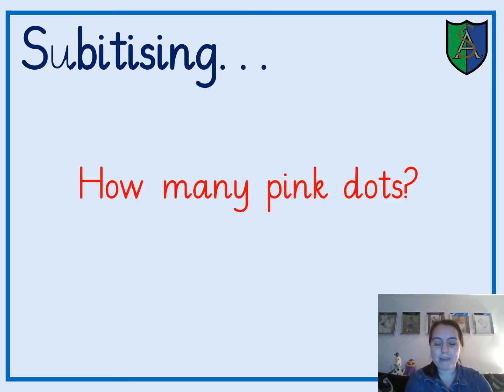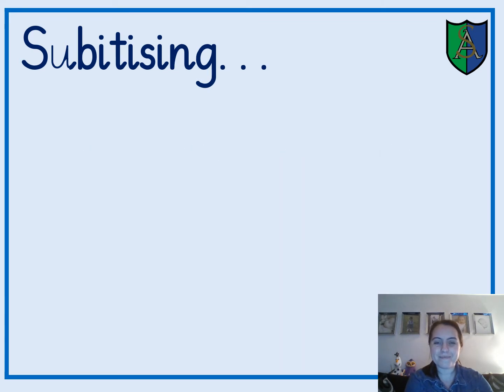Okay, it's now time for the subitising part of our lesson. So remember, eyes on the screen, and we need you to work really quickly to identify how many dots or shapes you can see in the pictures. Let's go. First of all, we're going to look for how many pink dots we can see. Excellent work, everybody. Now let's move on to our next one.